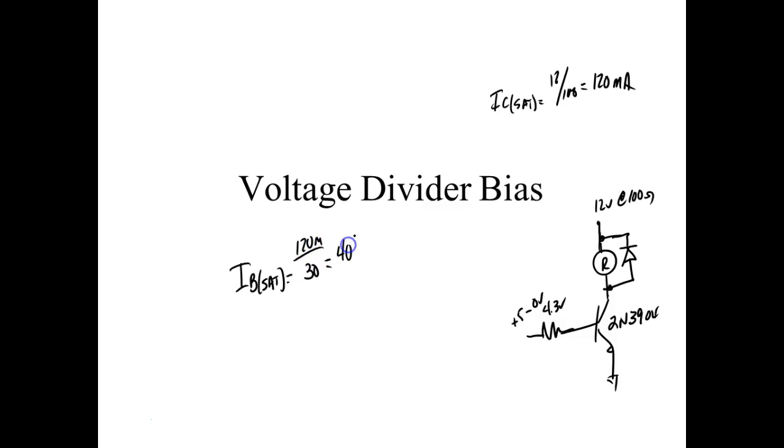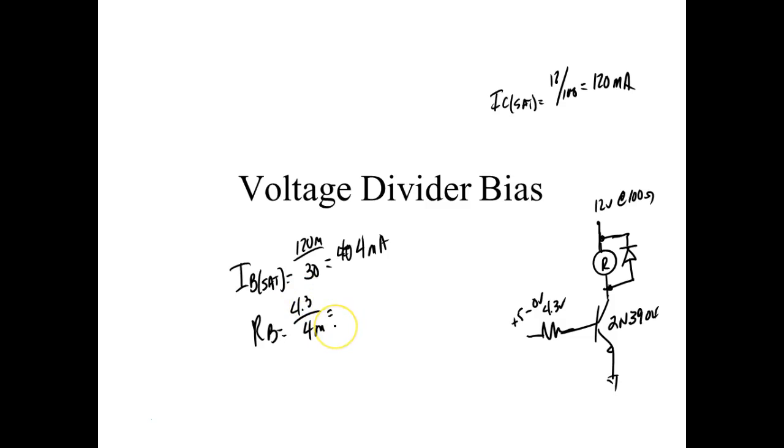Yeah, it's going to be 40 milliamps, right? I'm sorry, 4 milliamps. I can't do math. And then I'd say RB would be equal to 4.3 divided by 4 milli.